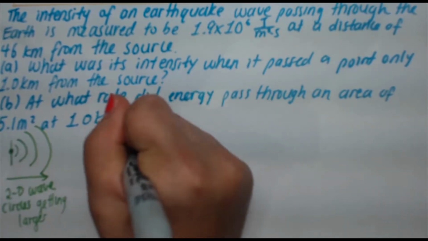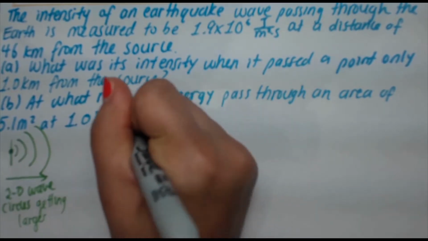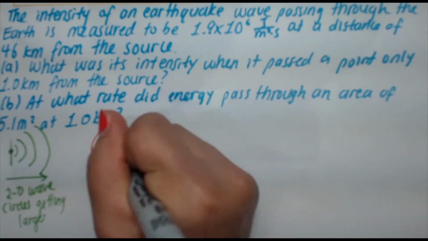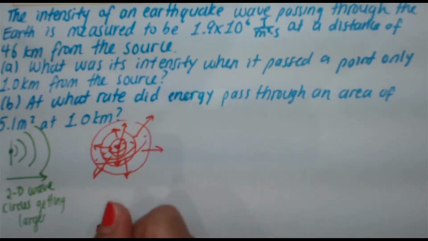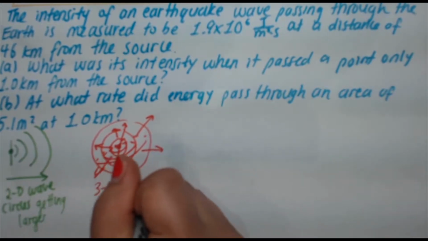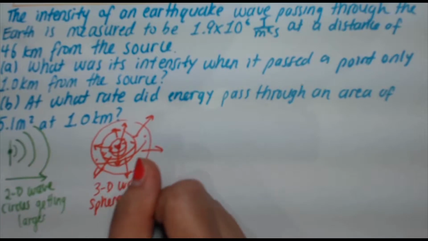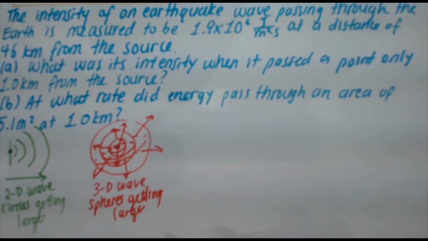So you don't have circles, you have spheres going out in every direction. And these spheres are getting bigger and bigger and bigger. And they're going every which way. So a three-dimensional wave, you have spheres getting larger.